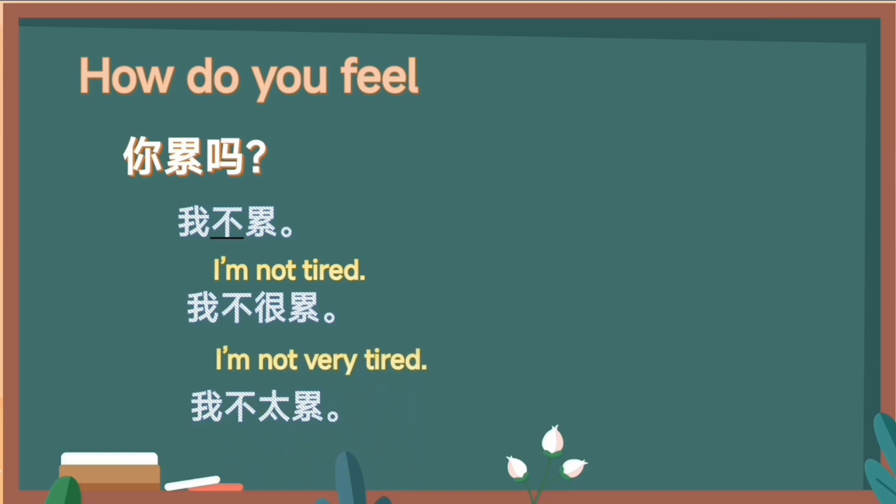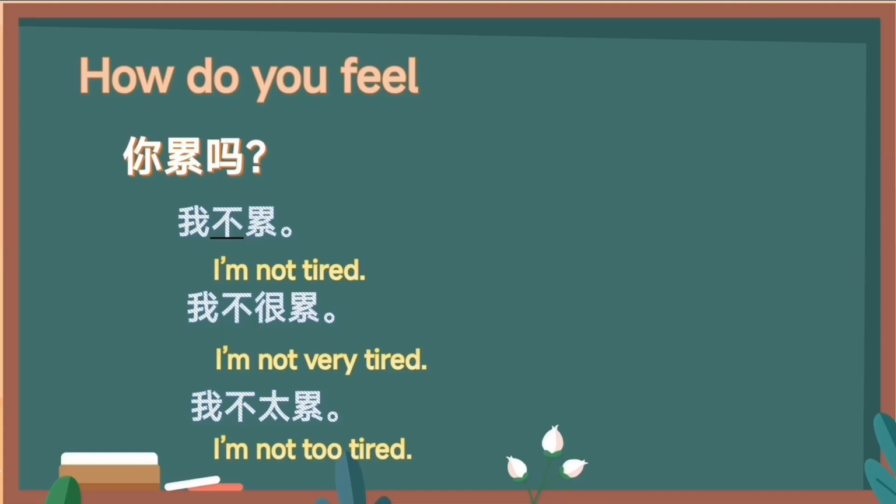I'm not very tired. 我不很累。Or I'm not too tired. 我不太累。So, to form a negative sentence, Chinese works much the same way as English in the adjective predicate sentences.